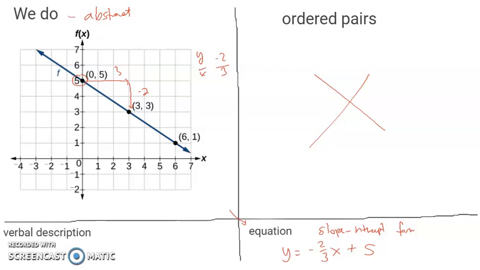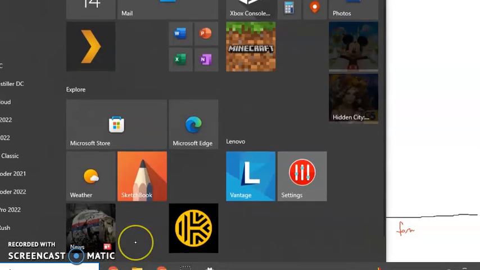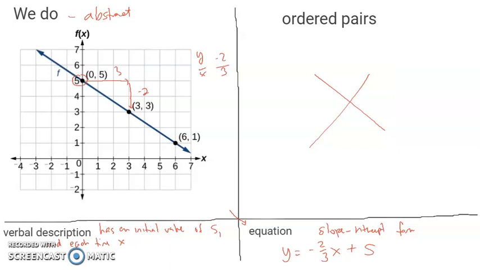And all we have to do is talk about the initial value and the rate of change as we go. So with an abstract one, we would normally just say it has an initial value of 5, the y-intercept, and each time x increases by 1, we got my slope.